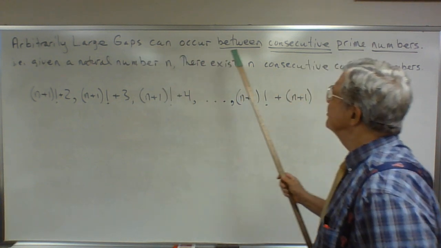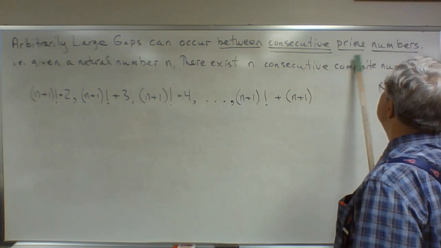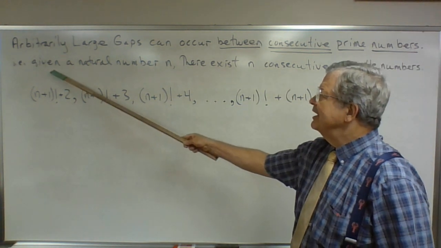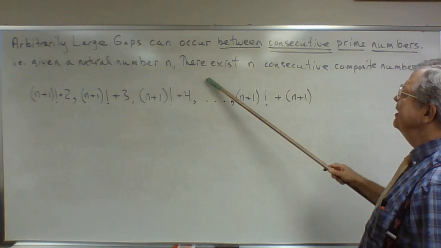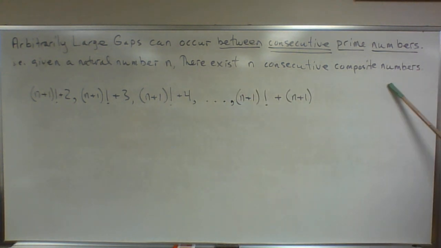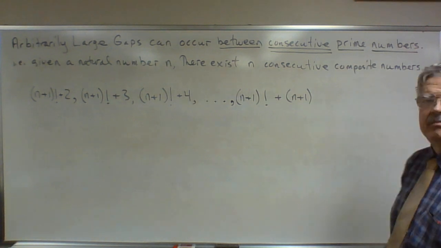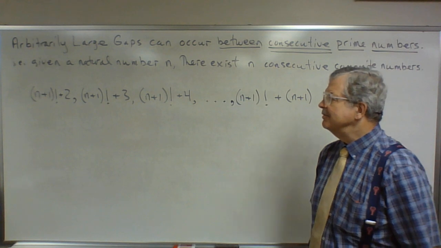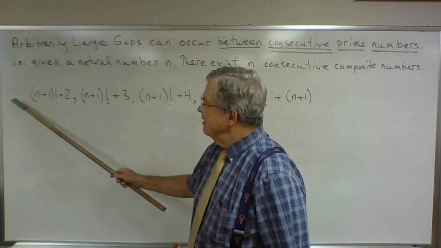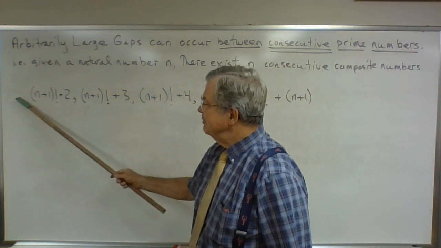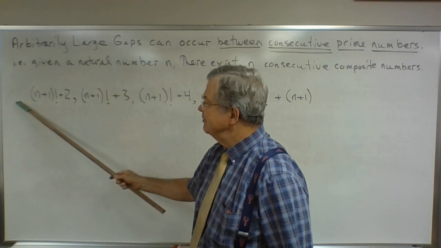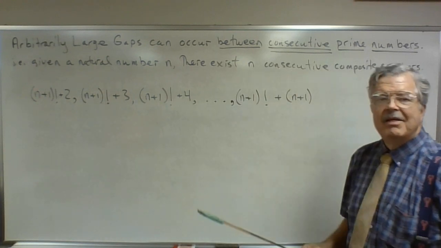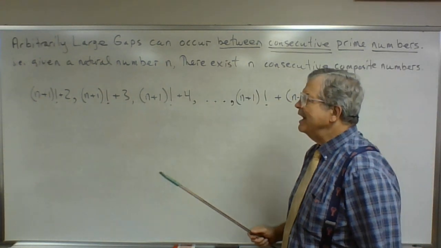Arbitrarily large gaps can occur between consecutive prime numbers. Another way of saying that is, given a natural number n, there exist n consecutive composite numbers. So let's say we have the greatest prime number less than this, and then the next prime number.